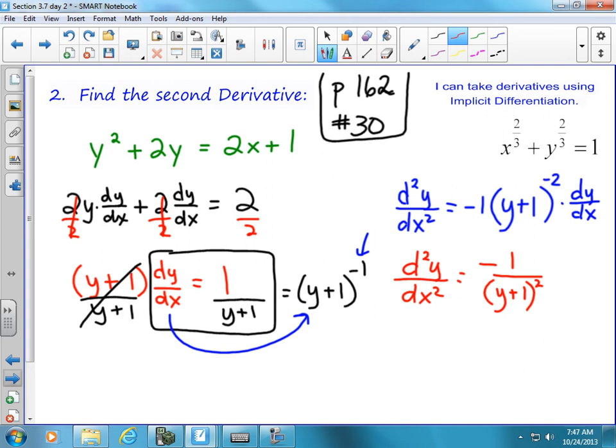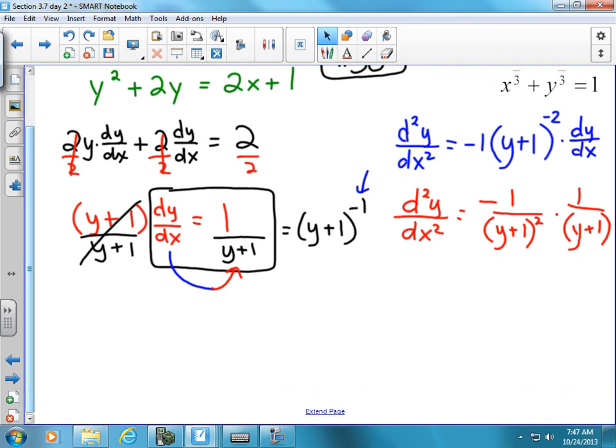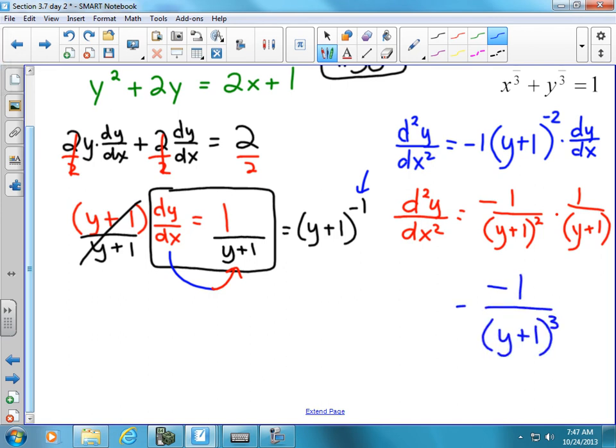And then let's plug in this version of the derivative, 1 over y plus 1. So multiply times 1 over y plus 1. And our second derivative becomes negative 1 over y plus 1 to the third power.